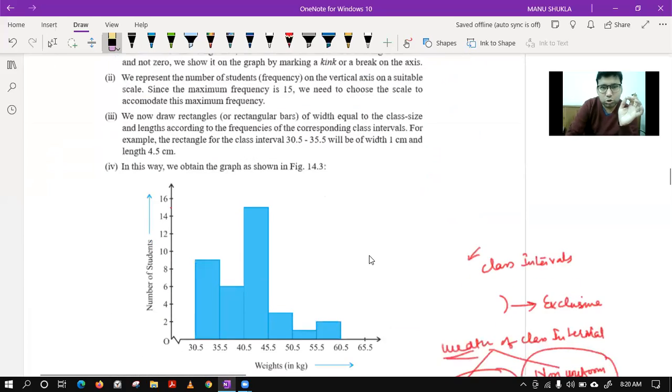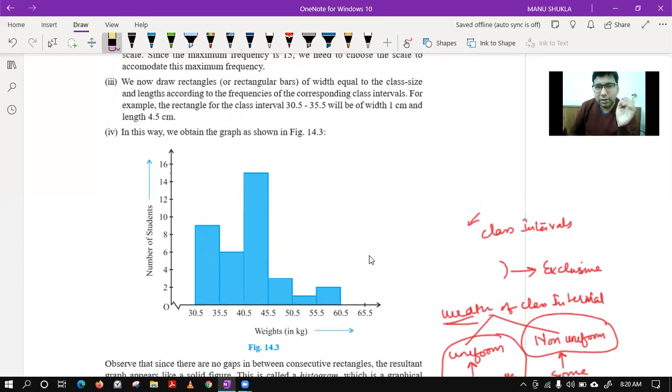Okay. So first we will locate. You can see the scale used by them. The scale taken by them is simple on this side, as it is following the same interval. They have not used a kink on y-axis. You can see from 0 to 2, a gap of 2. Here also a gap of 2. Here also a gap of 2. So on this y-axis there is no kink.